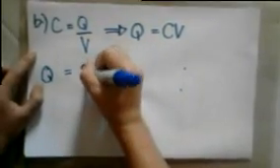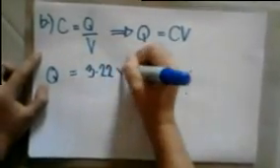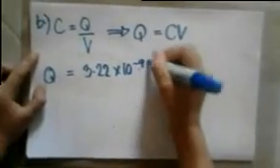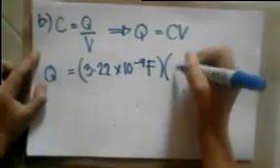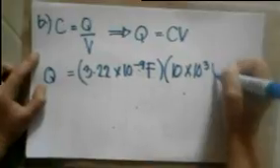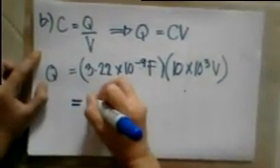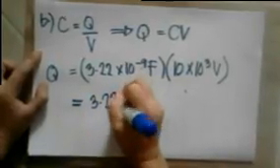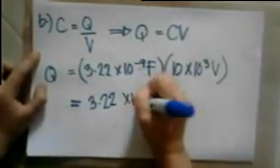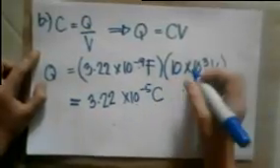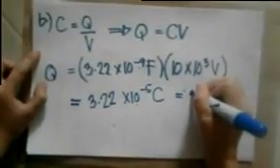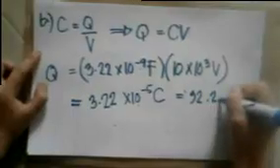Substituting our capacitance, 3.22 times 10 to the negative 9 farad, times the potential difference, 10 times 10 to the 3 volts, we have 3.22 times 10 to the negative 5 coulomb, or equal to 32.2 microcoulomb.